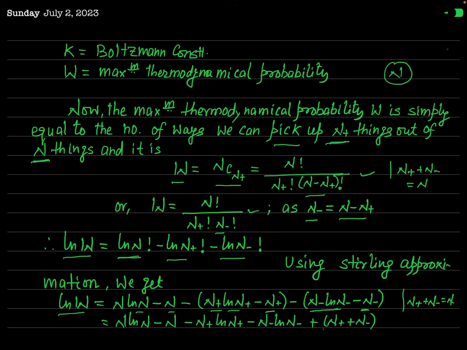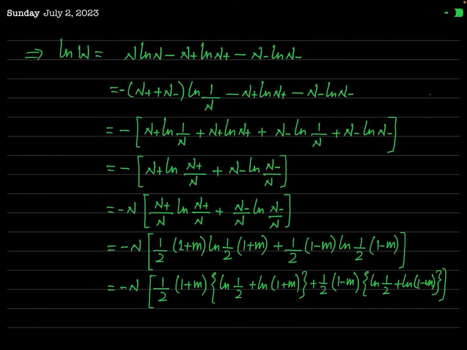And so I have written it here plus n minus. But you know that n plus plus n minus is n, so this last term will cancel with this minus n. And so we will get ln W equal to n ln n minus n plus ln n plus minus n minus ln n minus. So I have written it here, you can see.